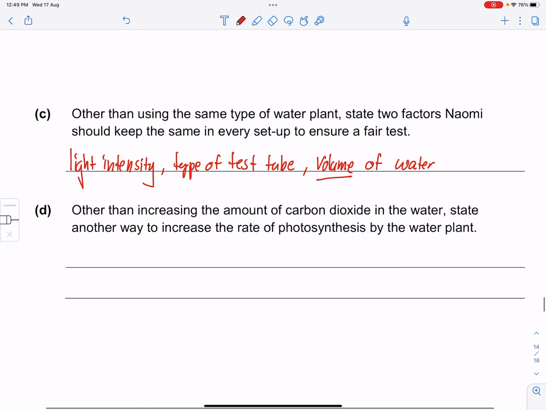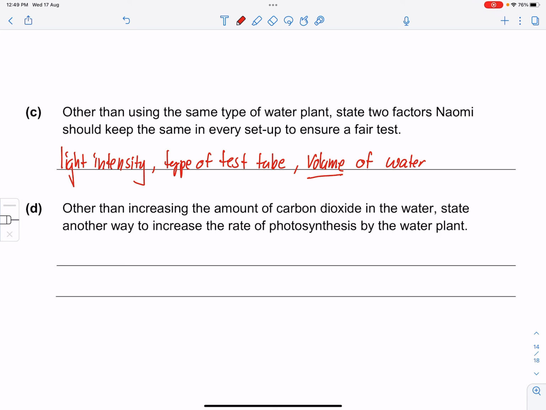Next, other than increasing the amount of carbon dioxide in the water, state another way to increase the rate of photosynthesis by the water plant. So, ask yourself, what are the factors needed? You cannot change the water plant. So you don't tell me to stick more leaves on the water plant. You can't do that. So think of other ways. They say you cannot increase carbon dioxide already. So you cannot say put more substance Q or put more carbon dioxide.